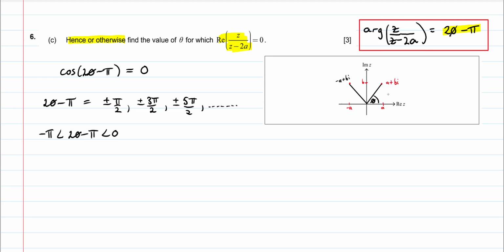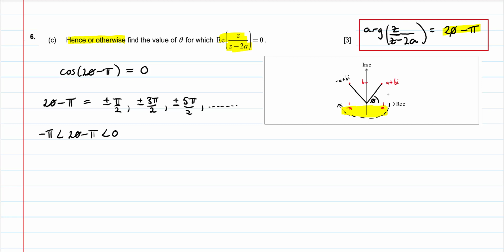One, on our Argand diagram, we know that theta is less than 90 degrees, or less than pi over 2 radians. So 2 times something that's less than 90, we're not going to make it back to the real axis or into the first quadrant. So we're going to be around here somewhere.